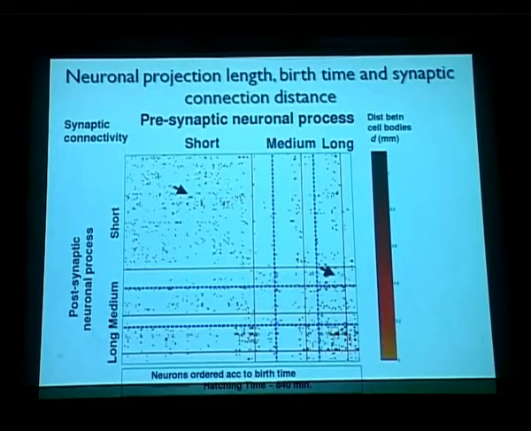So from this slide, we realize that neurons with short presynaptic process length connecting to short postsynaptic process lengths are quite dense in number, and as you can see here, most of the cells which hatched before tend to form processes among themselves. This is true for short versus short, then medium versus short again, and in this instance also. There are a couple of exceptions, and those exceptions actually suggest a few things.